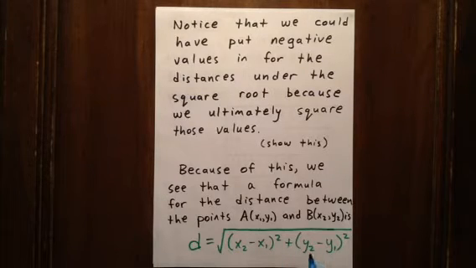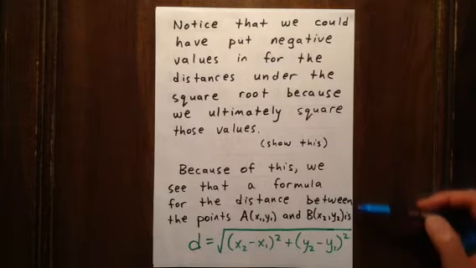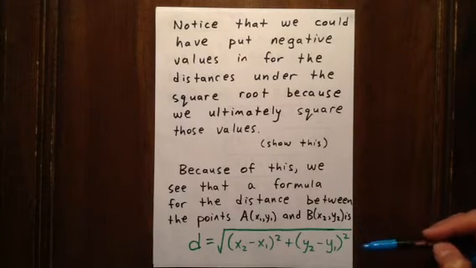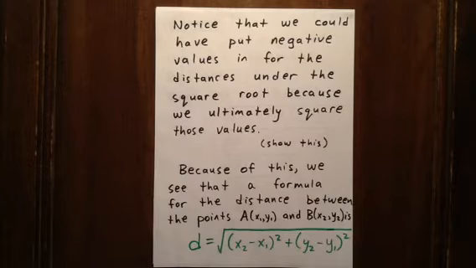Similarly, we can evaluate y2 minus y1, and whether it's positive or negative won't matter since we're squaring our result. And so we can develop a formula for the distance between 2 points, which is that the distance is equal to the square root of (x2 minus x1) squared plus (y2 minus y1) squared.